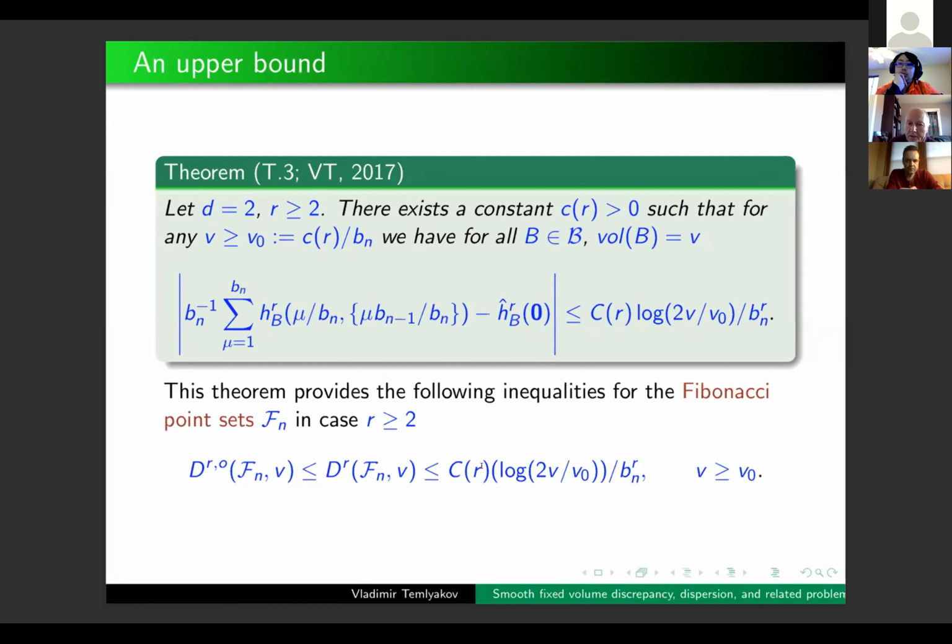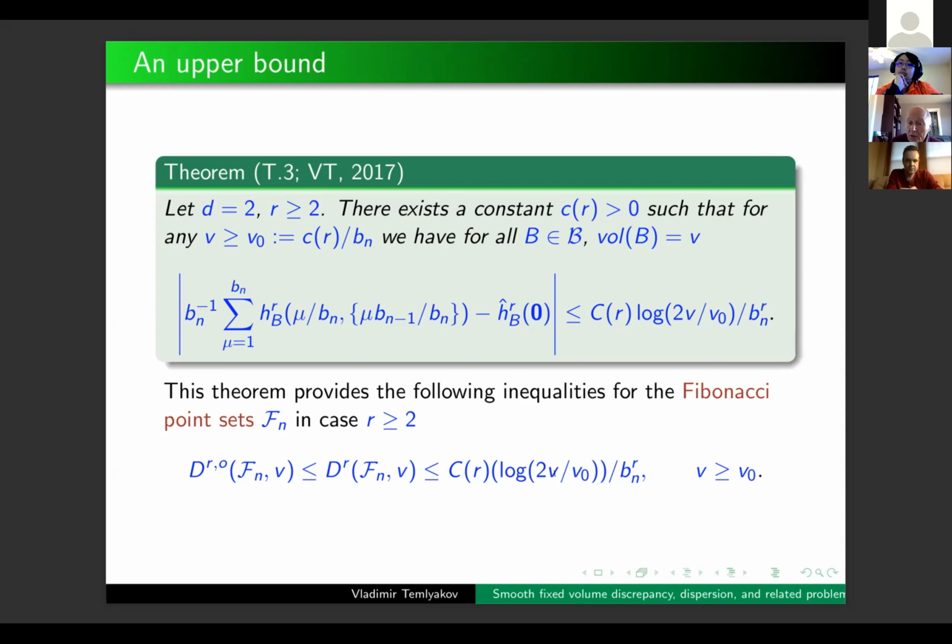But the extra multiplier here is like this. It is a two-dimensional case, so basically the exponent here could be seen as d minus 1, which is 1. That's okay. But the log depends on the ratio between V and V naught, where V naught is roughly 1 over Bn. So if V gets very close to 1 over Bn, and this is critical, it doesn't make sense to go beyond that, because in that case, anyway, the lower bound will be 1 over m, and we cannot do anything better.